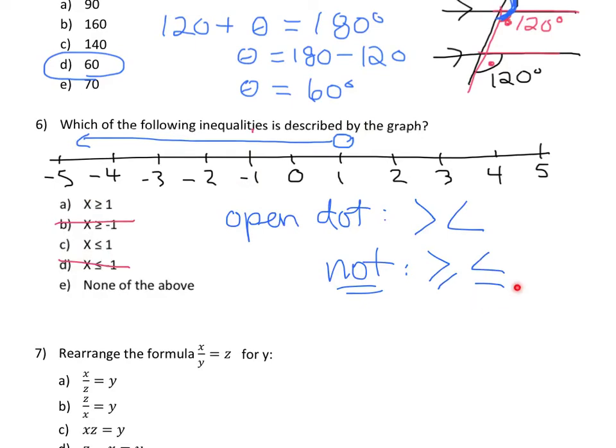These ones are symbolized by a closed dot because in this situation it's including the number as well. So if we were going to have less than or equal to 1, I would have to have a closed dot. Same with greater than or equal to 1. Here we've got an open dot. So this is actually none of the above.